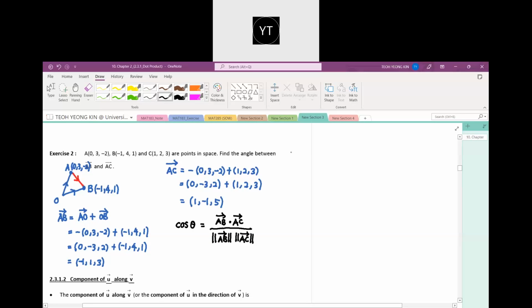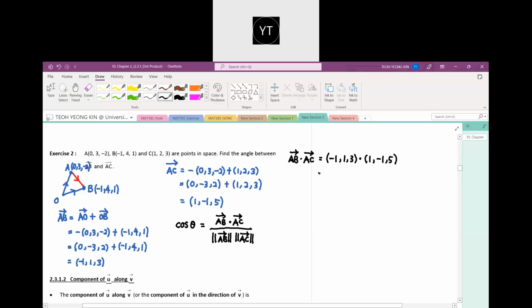For example, the dot product of vector AB and vector AC, where my vector AB is negative 1, 1, and 3, and my vector AC is 1, negative 1, and 5.